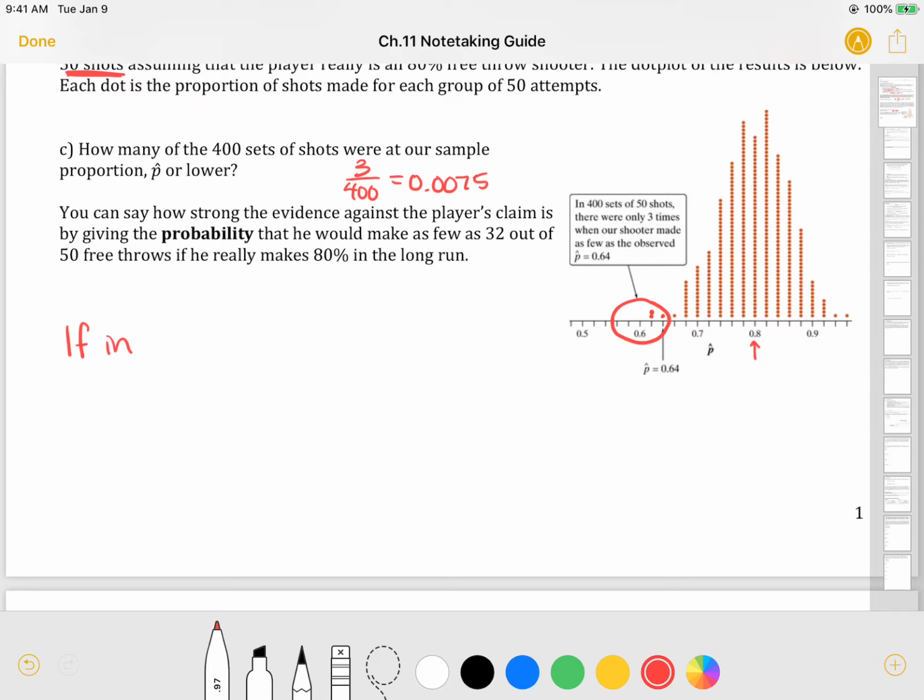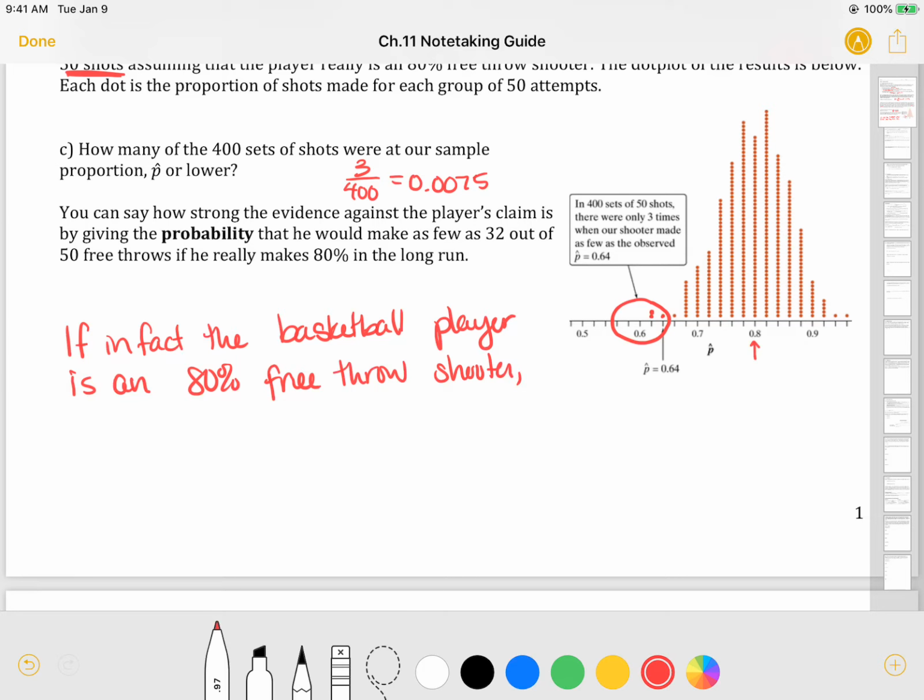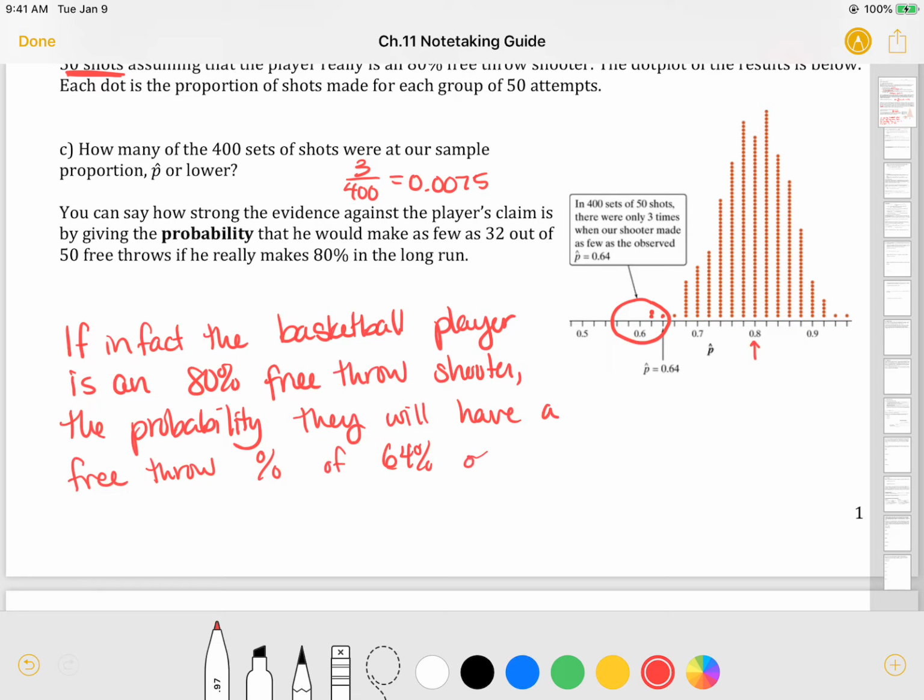So if, in fact, the basketball player is an 80% free throw shooter, the probability they will have a free throw percentage of 64% or lower by chance alone is 0.75%.